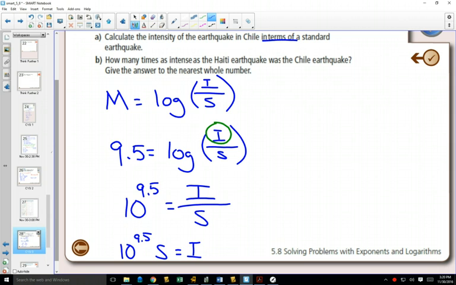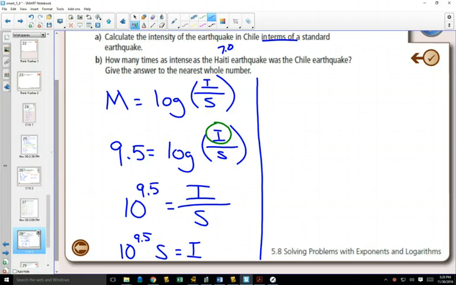Now in part B, the example beside it tells us that Haiti's earthquake was 7. If we want to compare the intensity of the Chile one to the intensity of the Haiti one, does it make sense that the Chile one's going to be more intense because it's a bigger number?